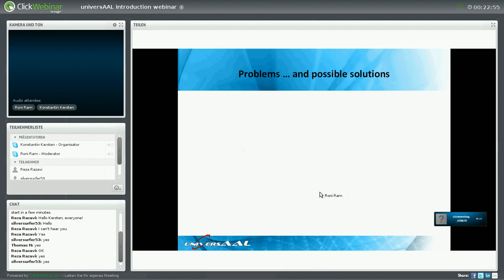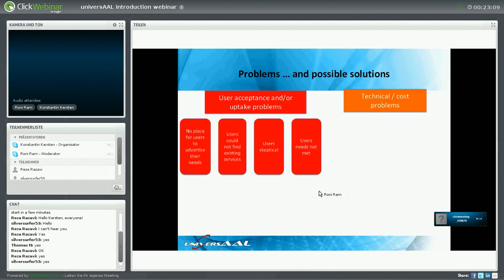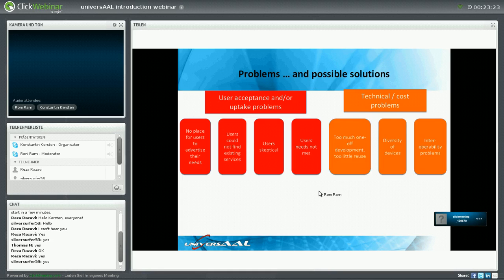So let's summarize what are the problems that we have today in the AAL domain and how universAAL provides possible solutions for them. We distinguish between technical and cost problems to user acceptance and uptake problems. From the user experience side, there are problems like no place for users to advertise their needs or to look for existing services. Users can also feel that their needs are not met.